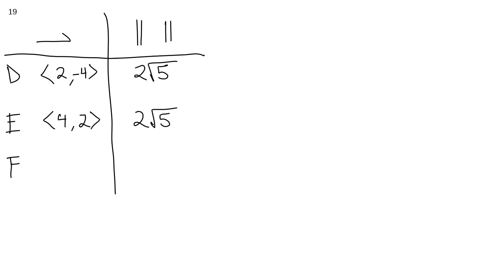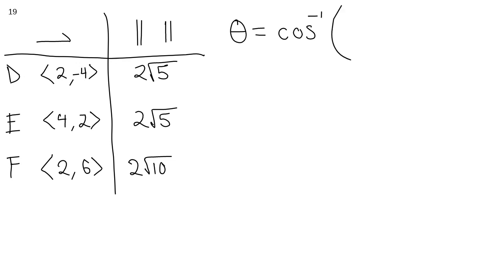And then vector F is 2 and 6, magnitude 2 root 10. So remember, theta is cosine inverse of this thing over the lengths multiplied.